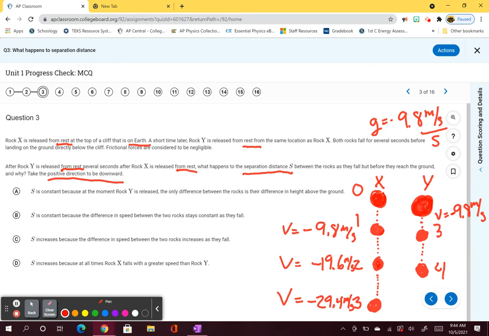X is going to be moving further than rock Y once Y is released. So let's look at our answer choices. A: S is constant because at the moment rock Y is released, the only difference between the rocks is the difference in height above the ground.